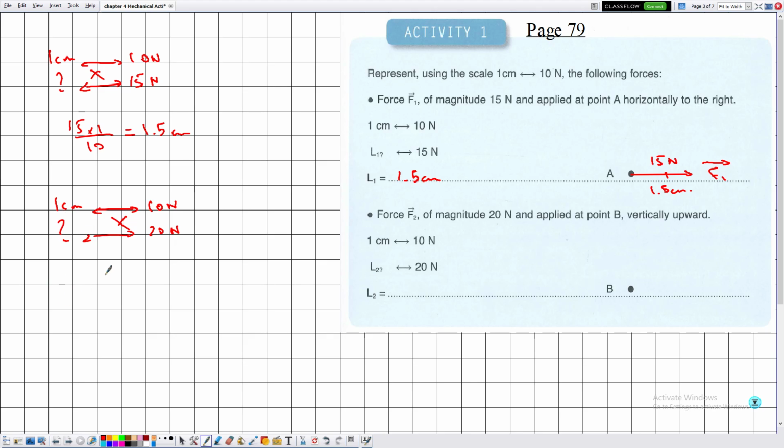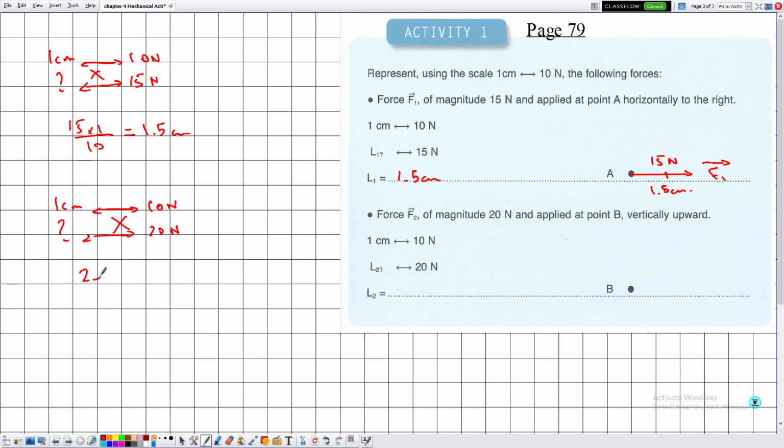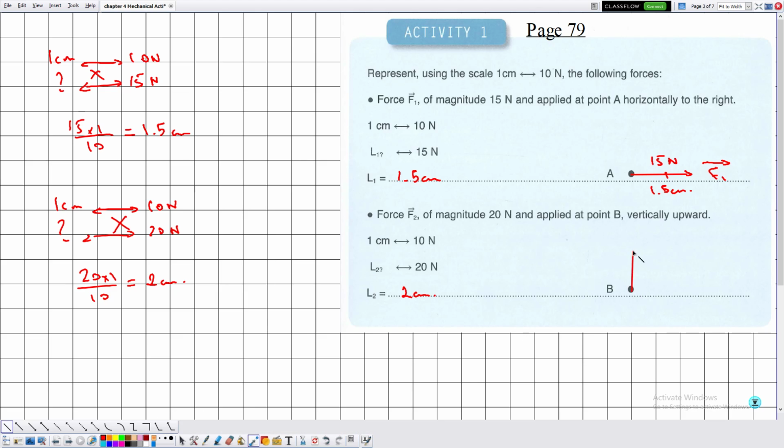Now if you cross multiply, 20 newtons is being placed here because it is under newtons. Now 20 multiplied by 1 divided by 10, so this is equal to 2 centimeters. So the length of this vector is 2 centimeters, applied at the point B vertically upward.